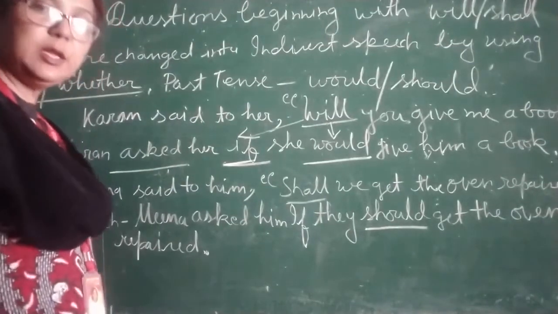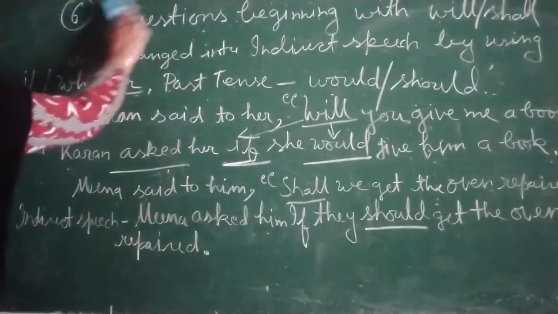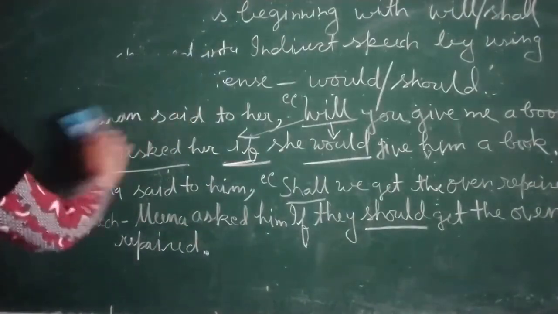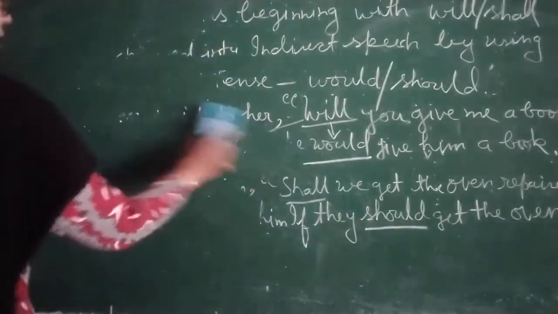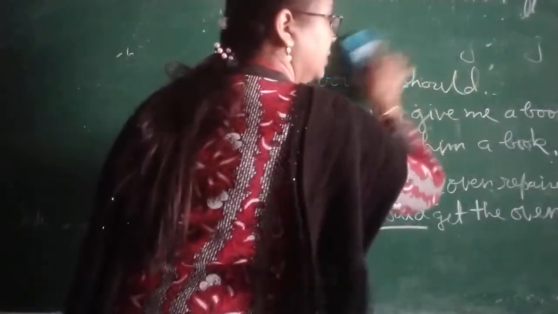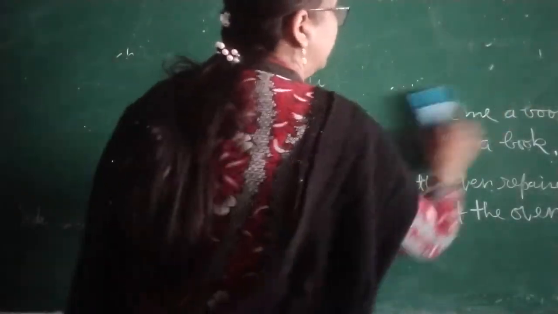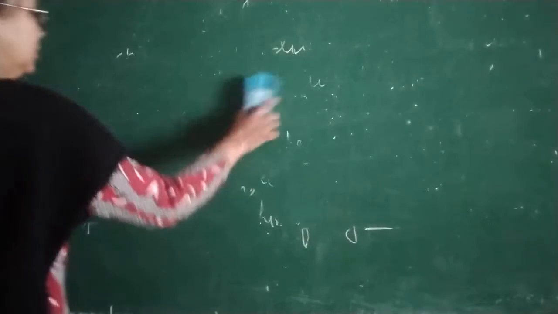Now we are moving to the next rule, rule number 7. Okay children? So our rule number 7 is, I am going to write on the board.